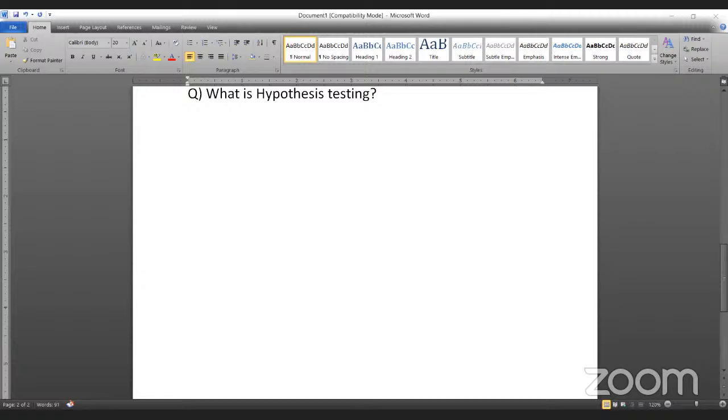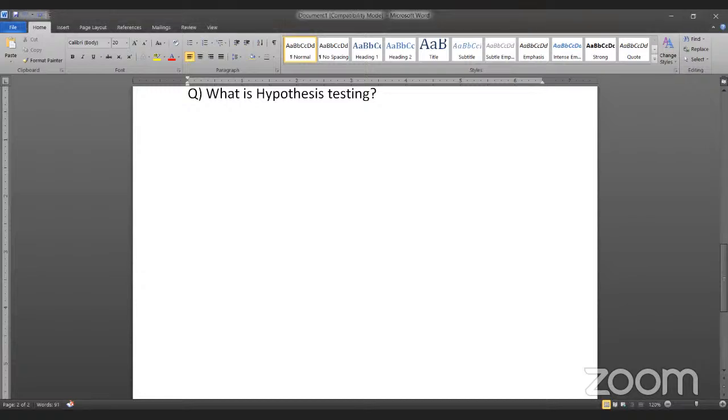But if it is greater than alpha, the null hypothesis is accepted. And the rejection of the null hypothesis indicates the results obtained are significant.